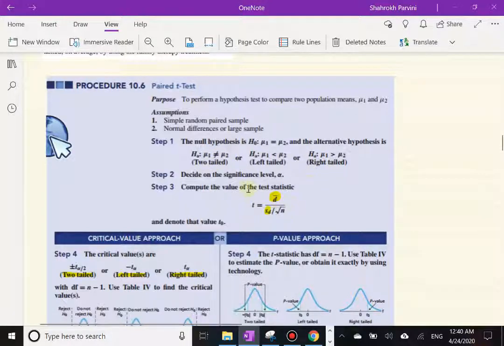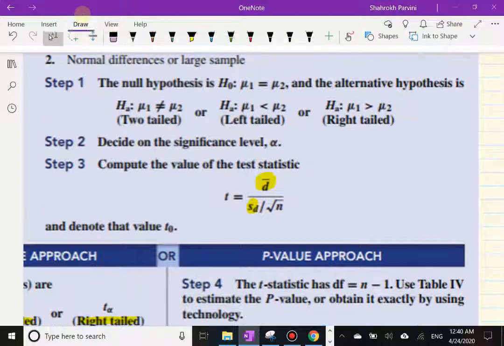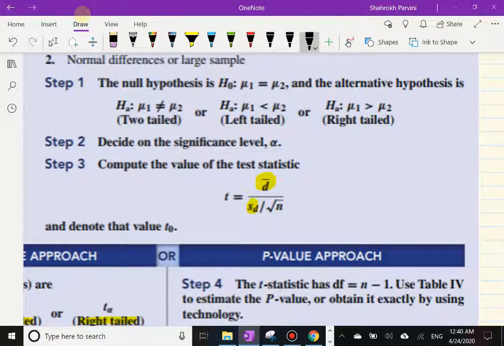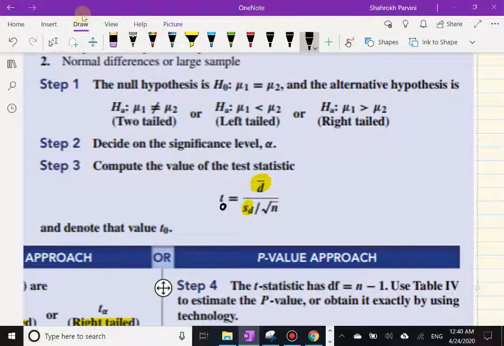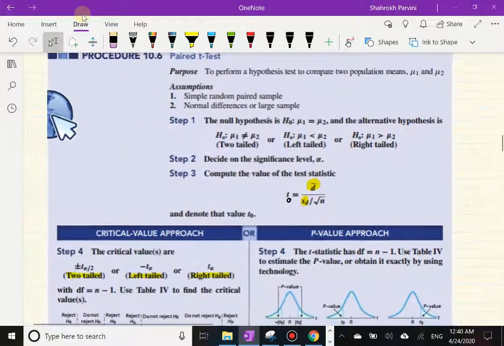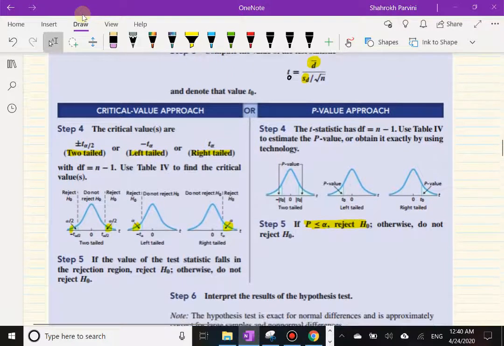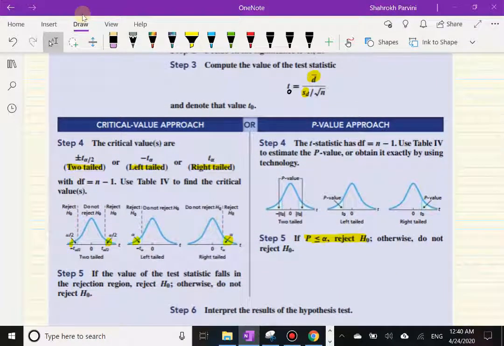And here's our test statistic. Again, in the author's notation, this should have been subscript 0. That means our test statistic, assuming the null is true. And our decision criterion, again, is going to be pretty much the same as before. We reject in rejection regions depending on two-tail, left-tail, or right-tail.